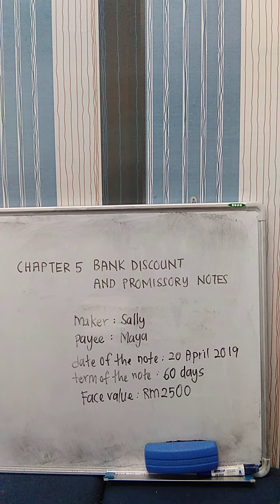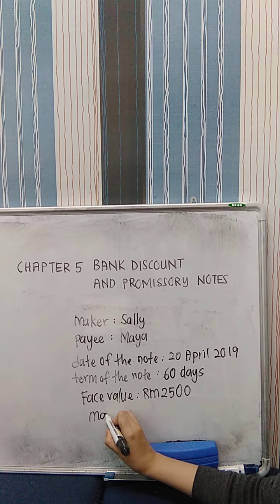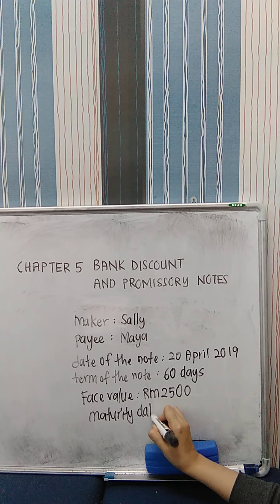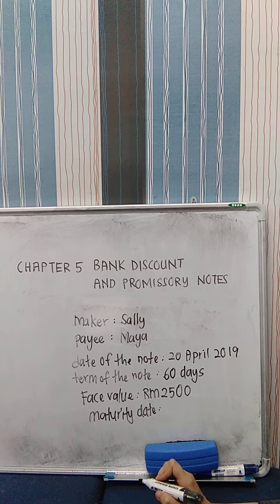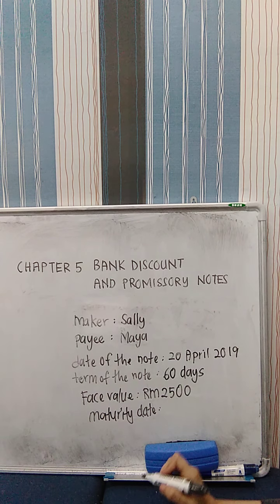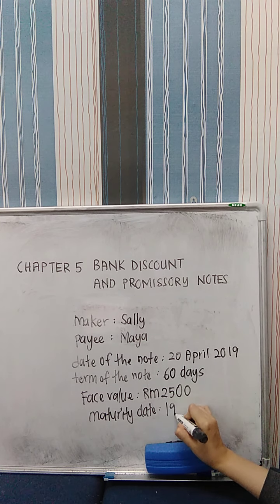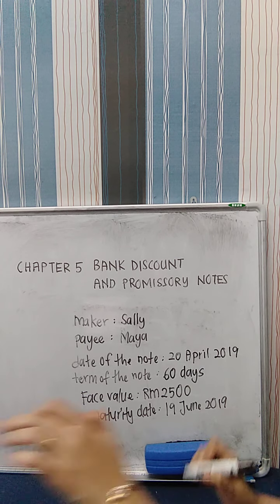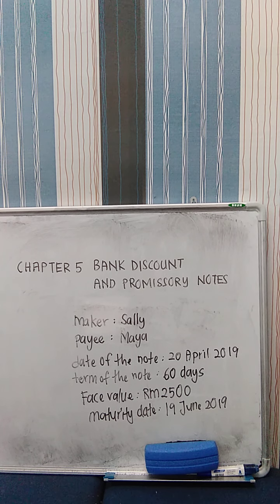Next, we continue to maturity date. The due date of the note, the maturity date, is given: due on 19 June 2019. This is the maturity date.